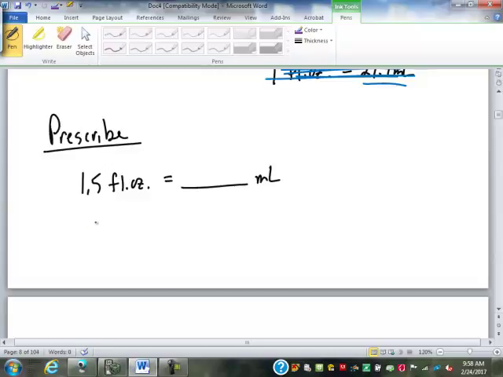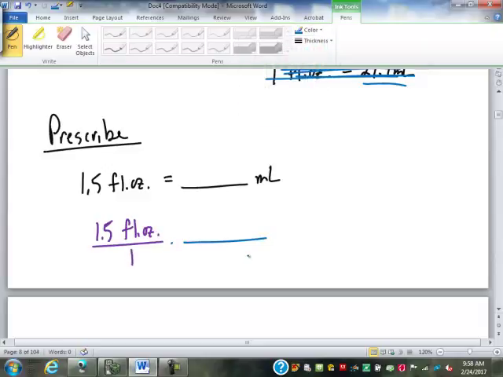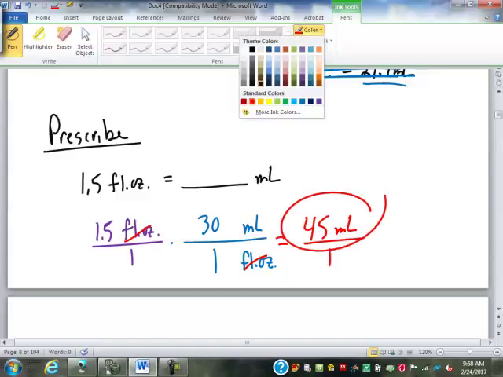So I'm going to start out with my 1.5 fluid ounces, put it over 1 to make it a fraction. Fluid ounces will go on bottom so that they cancel out. Milliliters on top. 1 fluid ounce is 30 milliliters. So the fluid ounces will cancel out. 1.5 times 30 is 45 milliliters. And on bottom, 1 times 1 is 1. So that is just 45 milliliters.